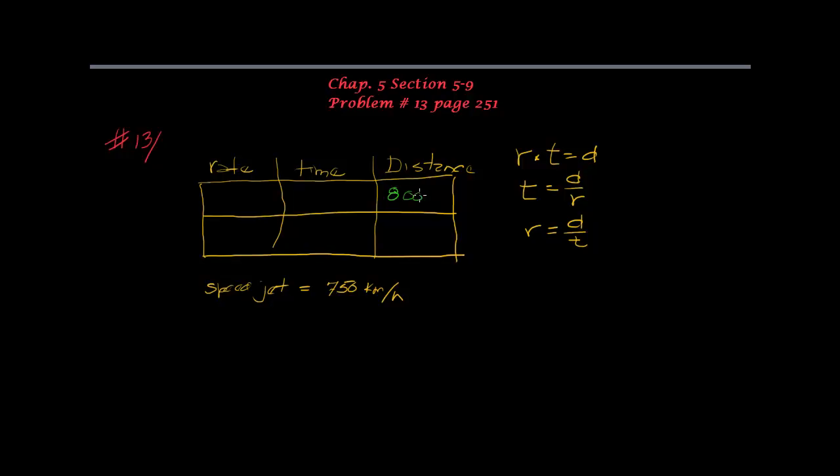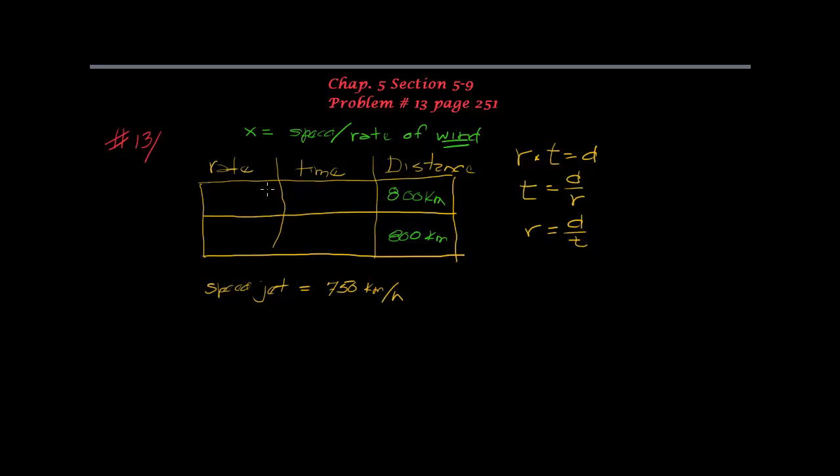It's 800 kilometers and 800 kilometers. So what are we trying to find here? Well, x, if you look at the problem, is the speed or rate of the jet stream, of the wind, which is the jet stream.